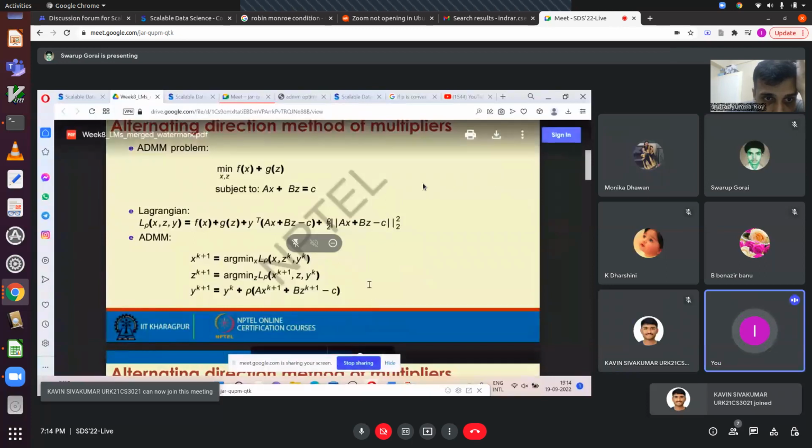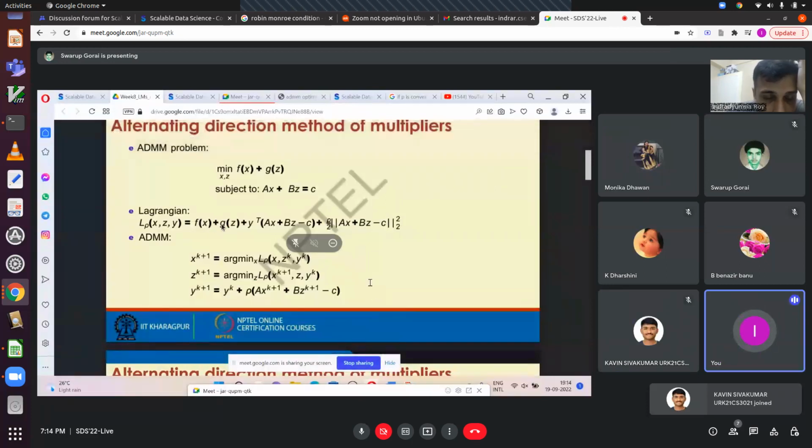Okay, so basically here what's happening is that you have these 3 constraints, right? Fx plus gz is one, and the y term, and the rho term. Now you have 3 variables, x, z, and y. X and z are initially there in the minimization form, so they are called the primal variables.